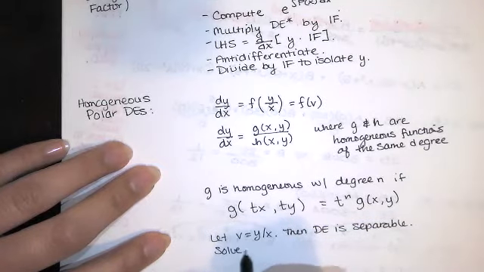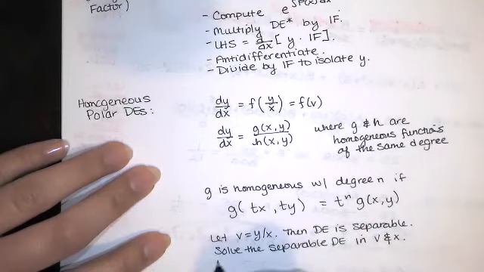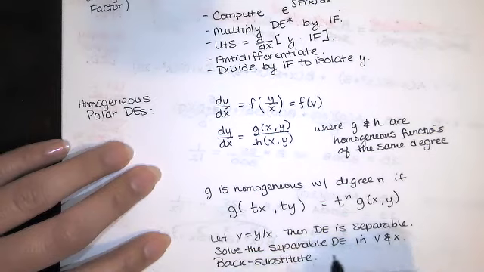So then we solve the separable differential equation, and it's separable in v and x, and then we just back substitute. So you're going to replace v with y over x when you're done.